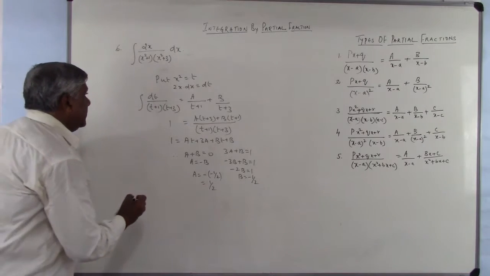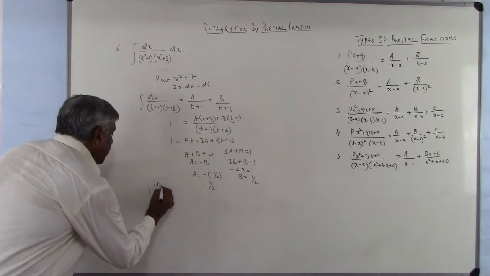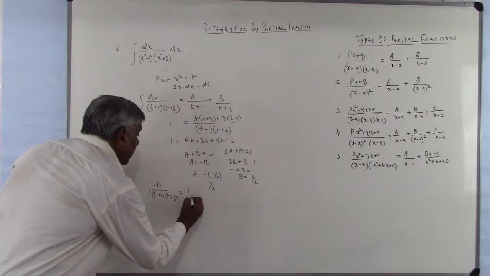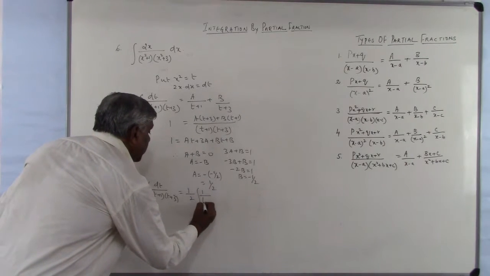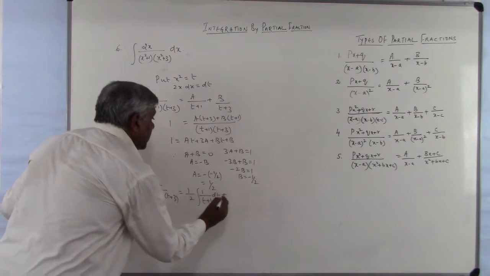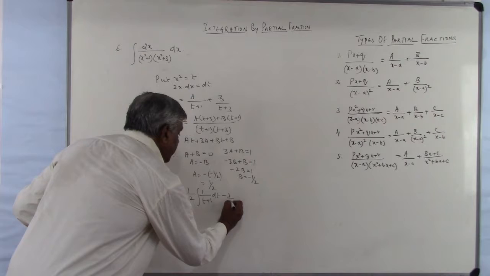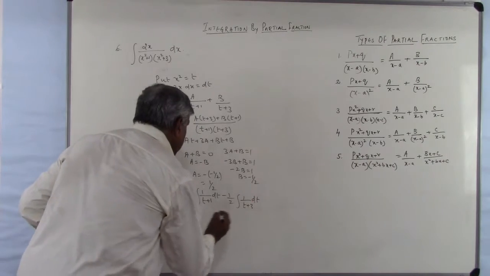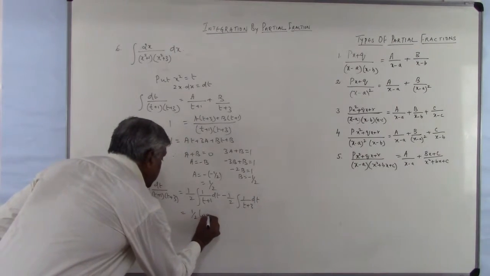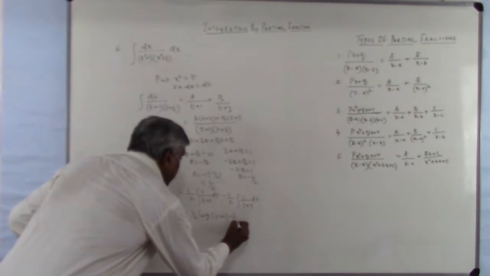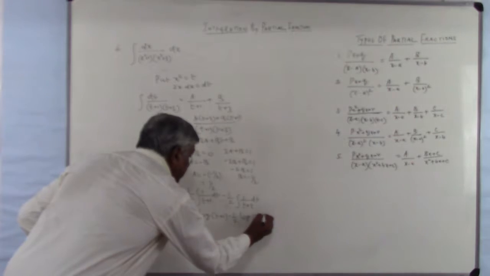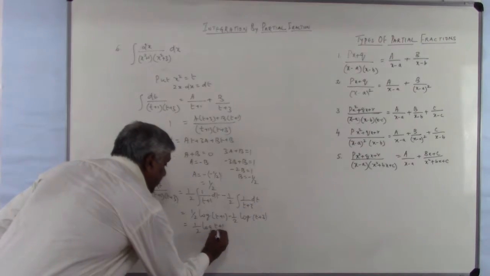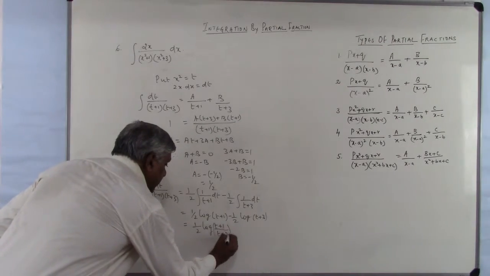Now the problem becomes very easy. Here you see integral dt by t plus 1 into t plus 3 is equal to half of integral 1 over t plus 1 into dt plus minus half of integral 1 over t plus 3 into dt.